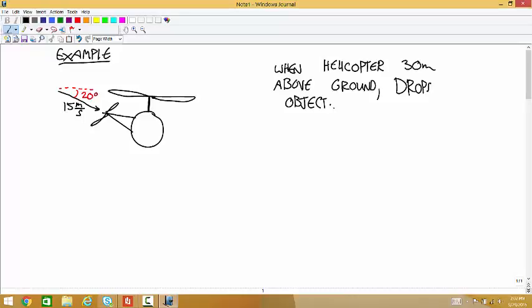And so there are two questions. How long does it take for the object to hit the ground? And then second, how far horizontally does the object travel from when it's dropped to when it hits the ground?